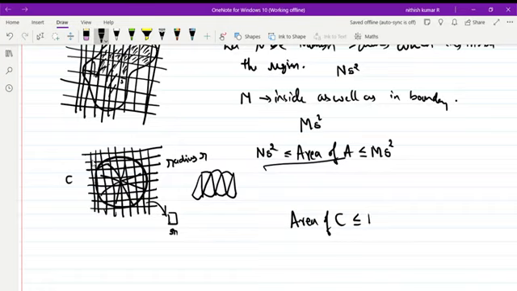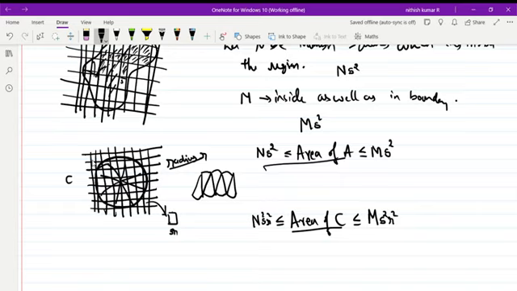Then the area is m into the area of a square. Its side is s into r, so the area is s squared r squared, which is greater than or equal to n, the number of squares inside this circle, times s squared r squared. Now here I considered a circle with radius r.